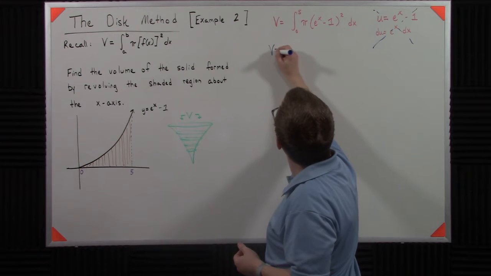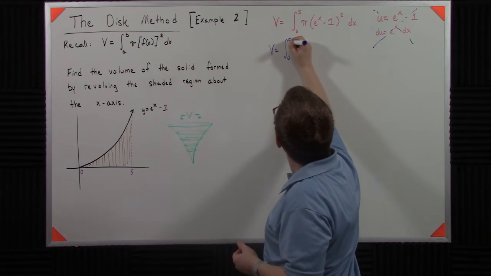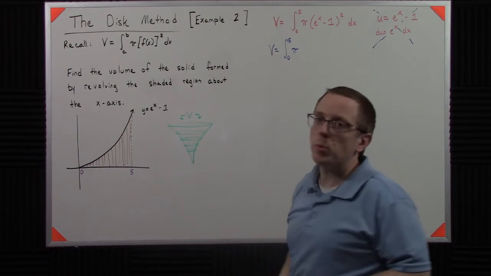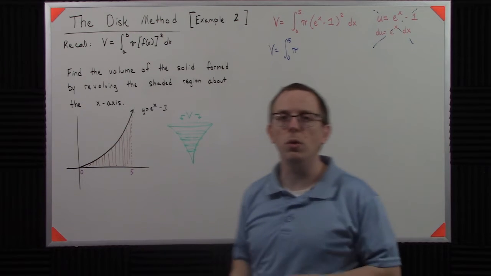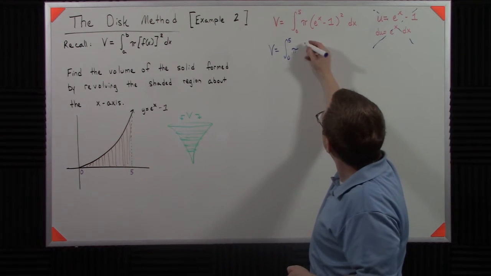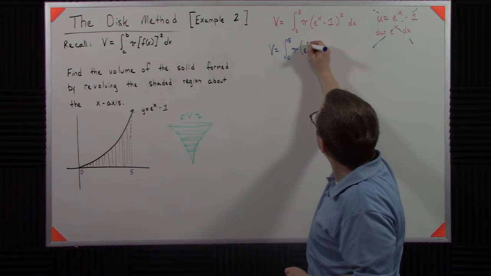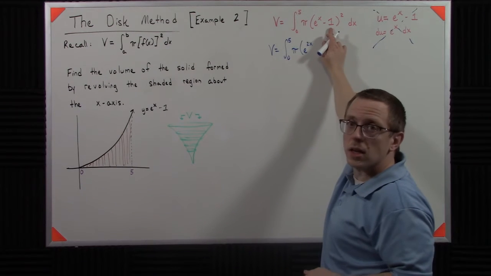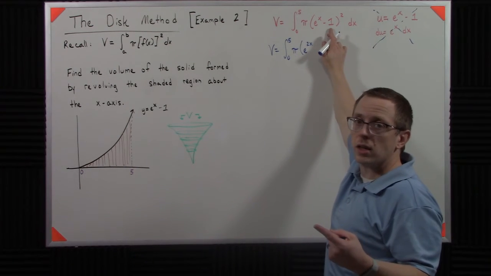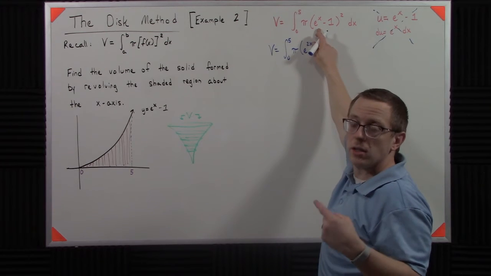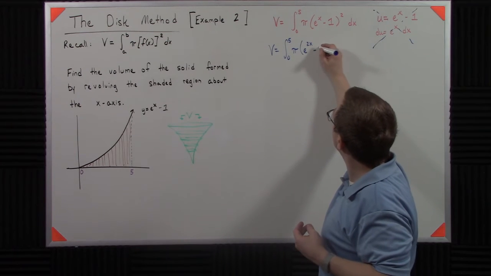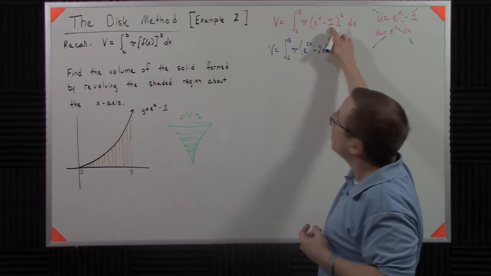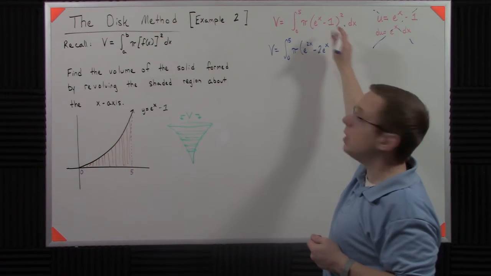We're just going to say V is the integral from 0 to 5 of pi times the quantity. Now if I multiply this out, I can use the FOIL method. So I get e to the x times e to the x is e to the 2x. e to the x times negative 1 is negative e to the x. Negative 1 times e to the x is also negative e to the x. So I get negative 2 e to the x. And negative 1 times negative 1 is a positive 1.